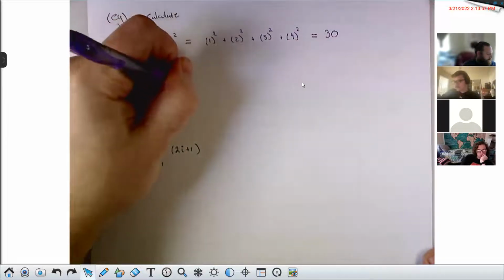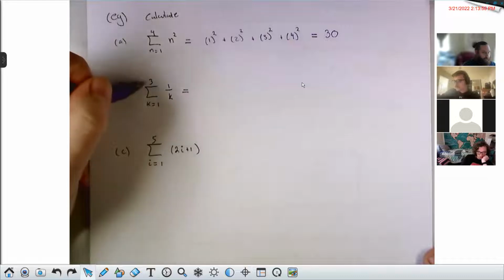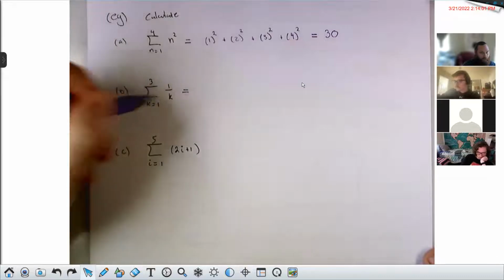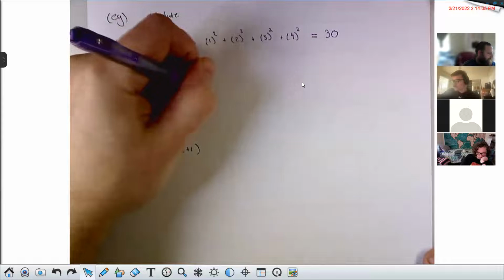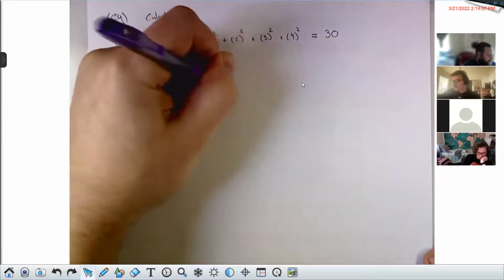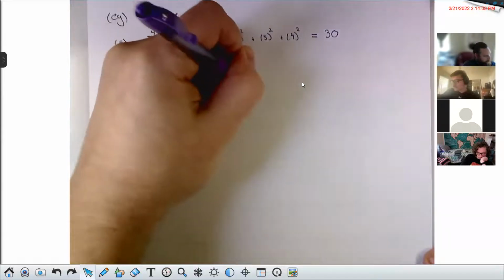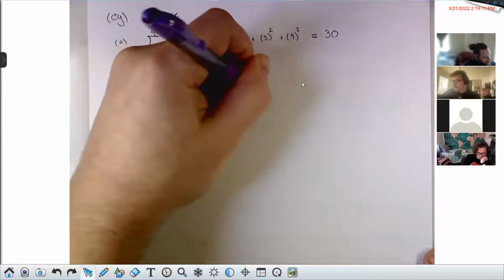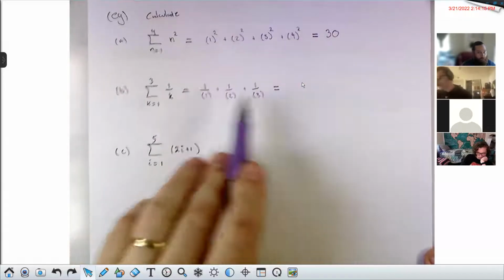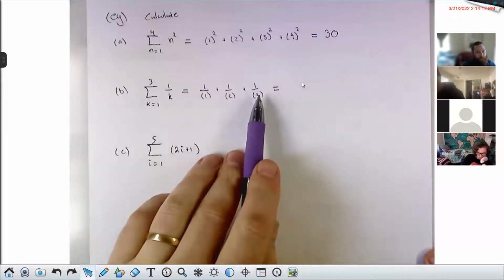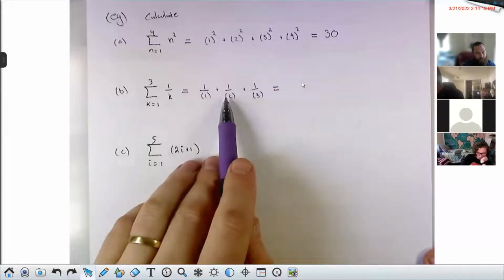The next one is the sum from k equals 1 to 3 of 1 over k. So that's 1 over 1 plus 1 over 2 plus 1 over 3, or 1 plus 1/2 plus 1/3. So 1 plus 1/2, that's 3 halves.